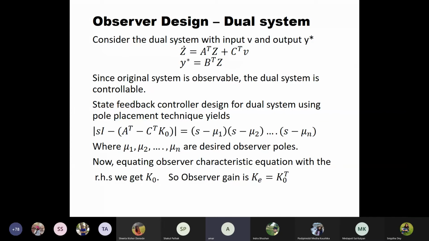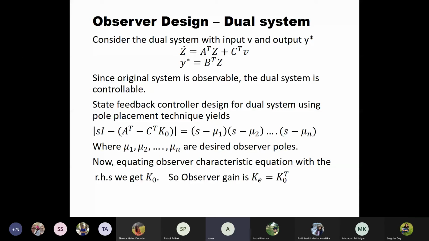So for the dual system, the state variable is Z, input is V, and the output is Y star. But in the dual system, the coefficients or the system matrices will remain same. So we are using the same system matrix A, B, and C, but we are writing the state equation in a form Z dot is equal to A transpose Z plus C transpose V, and Y star is equal to B transpose Z.